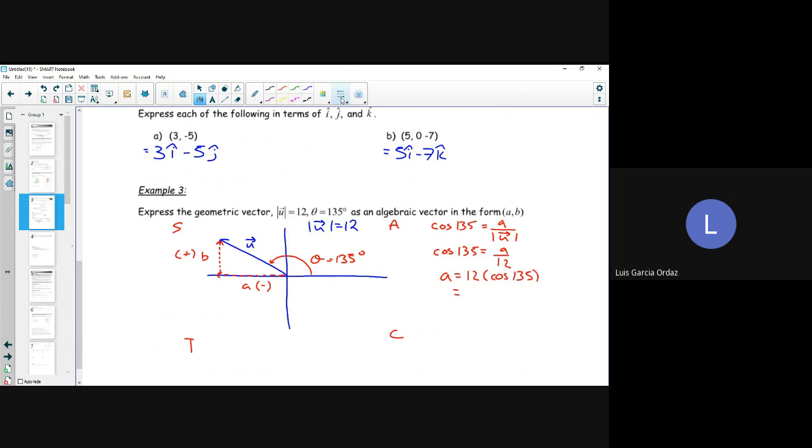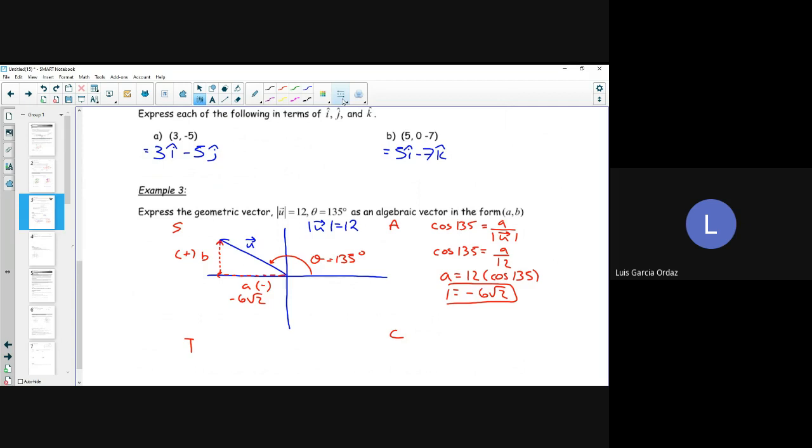Because cos is negative in that second quadrant, 12 times cos of 135, which in radical form gives me negative 6 root 2. Which makes sense because my A is in my negative x-axis.